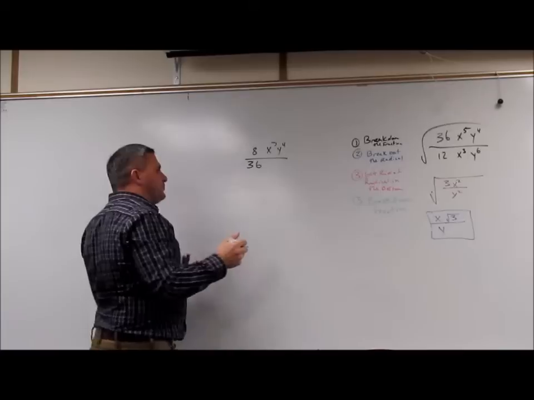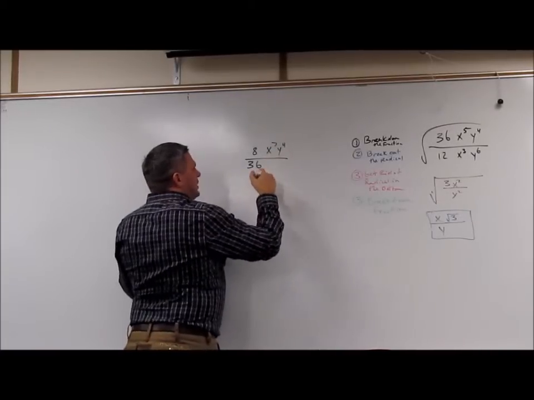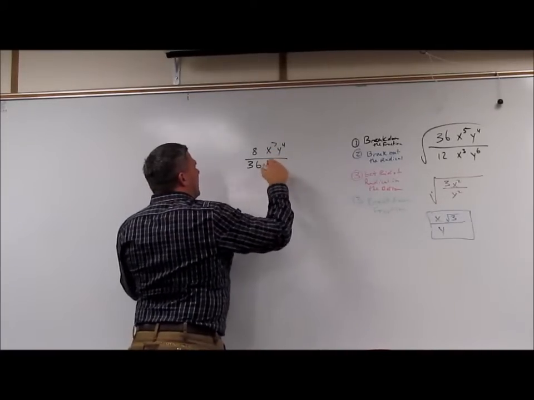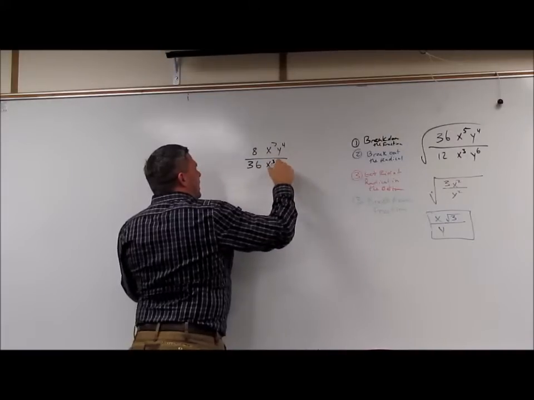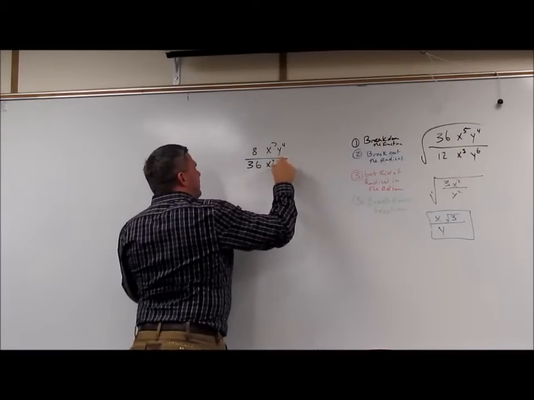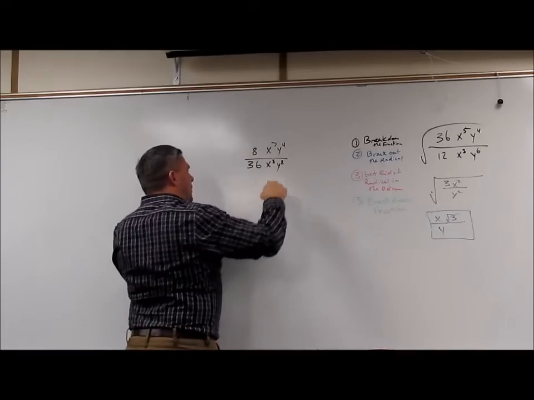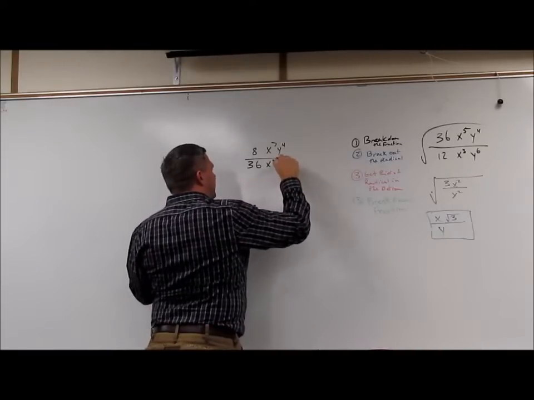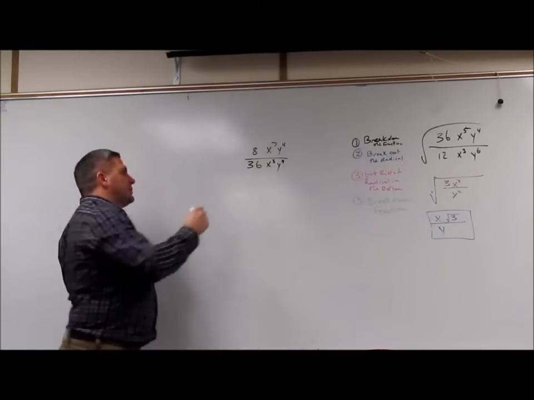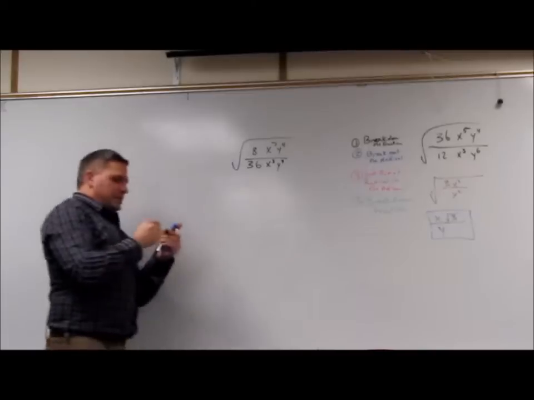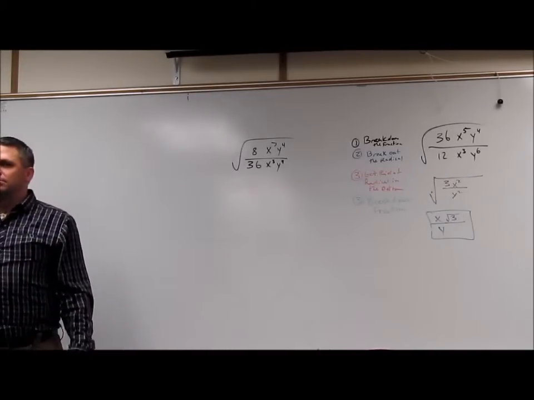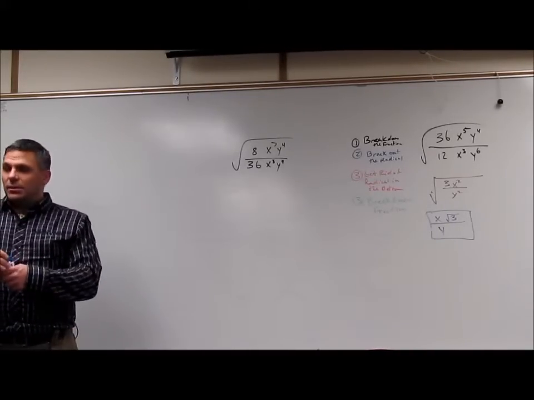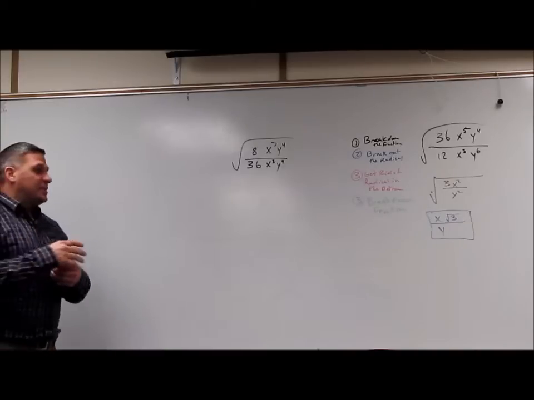And then we'll deal with x to the 3 and y to the 9th. There we go, y to the 9th. Now let's do this. How many times does 8 go into 36? Doesn't, right? So we got to break down the fraction.